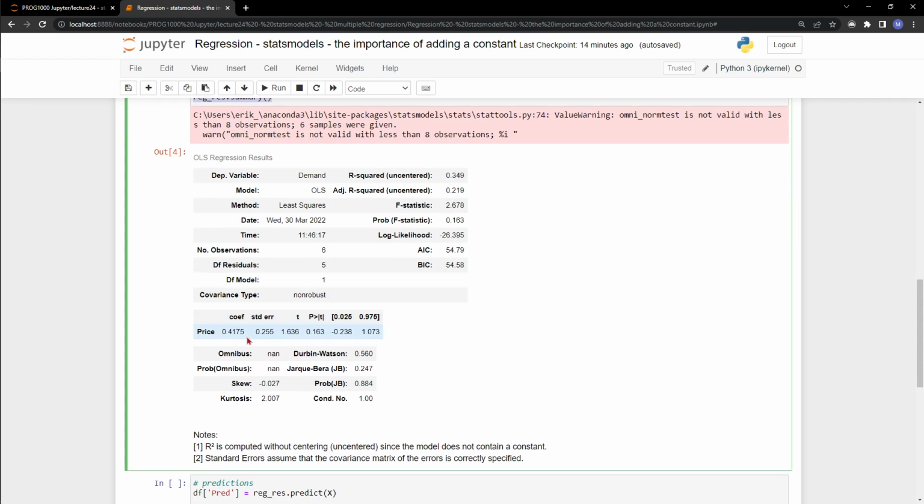And here we see that the coefficient we get is just the slope of the price.